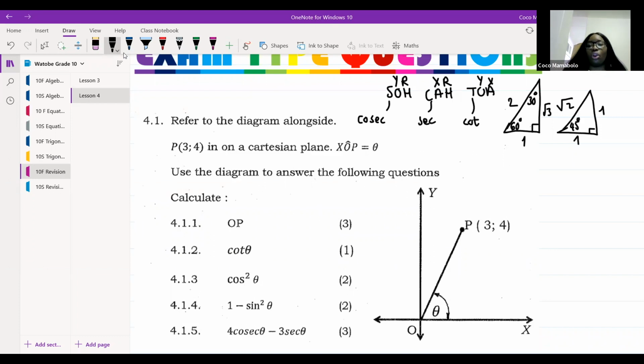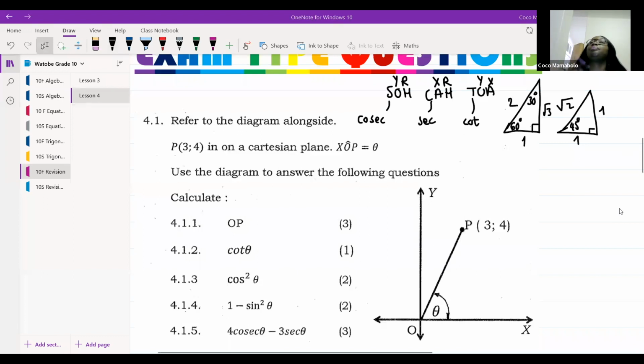We want to make sure we've got all this information somewhere where we can see it, because we don't give these to you in grade. We don't give you the SOHCAHTOA, you must know it. We also don't give you the triangles.